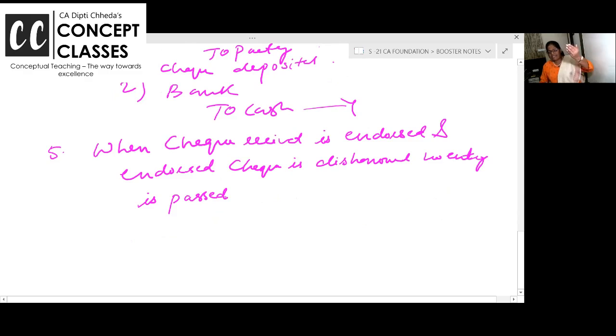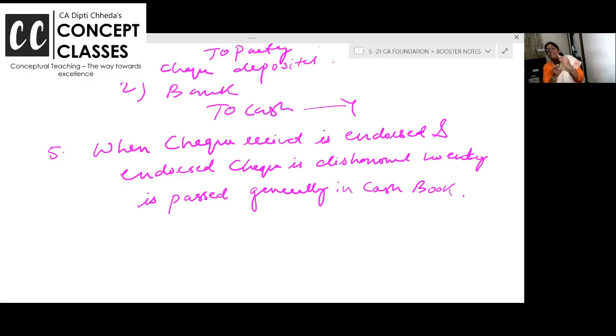No entries are passed generally in Cashbook. If you want to route it, you have to route double. You got it or not? Yes, we did it. Endorsed check jab mila to cash account debit to party. And then same way when I endorsed it, party to cash. So actually cash got nullified. But otherwise when check received is endorsed and endorsed check is dishonored, no entry is passed.